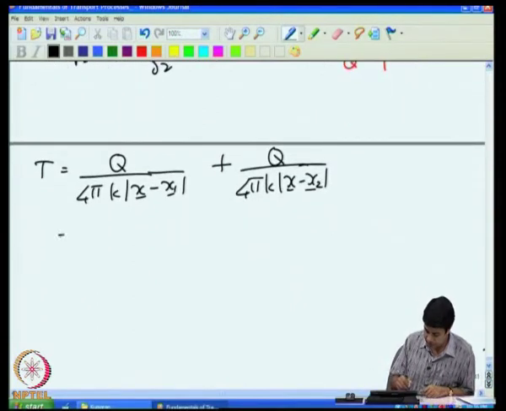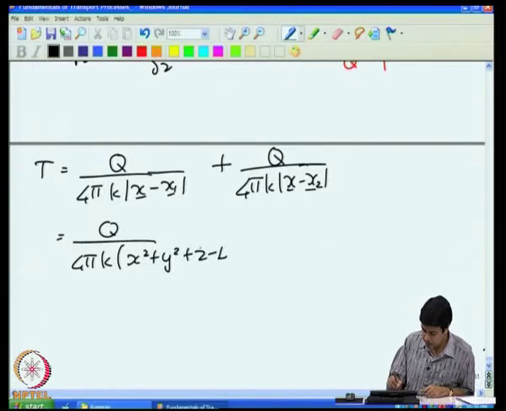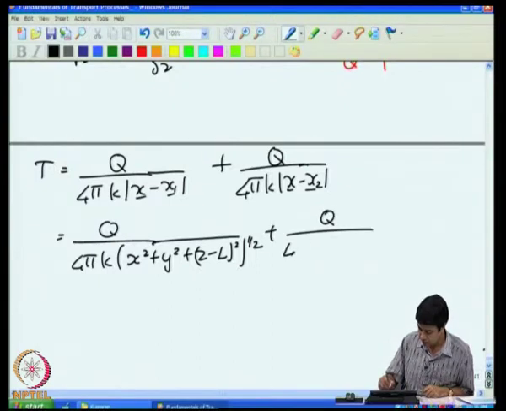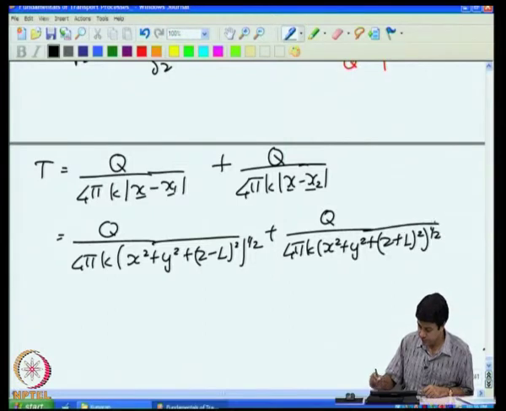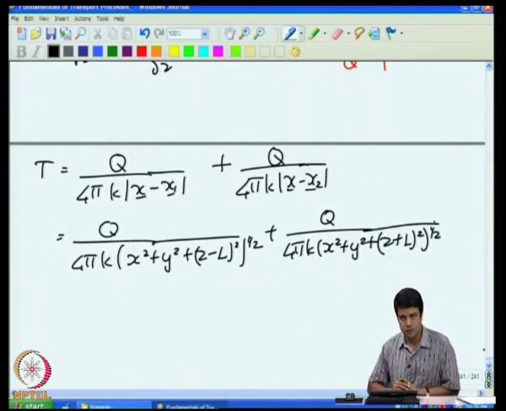Or if I were to expand it out for this case, I will have q by 4 pi k into square root of x square plus y square plus z minus L whole square, plus q by 4 pi k, the distance between the source and the sink.